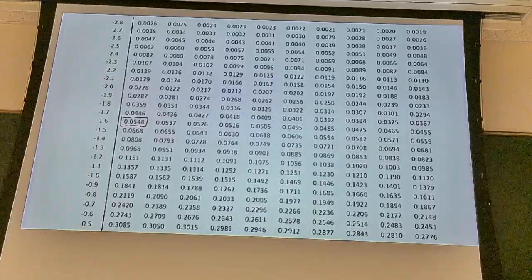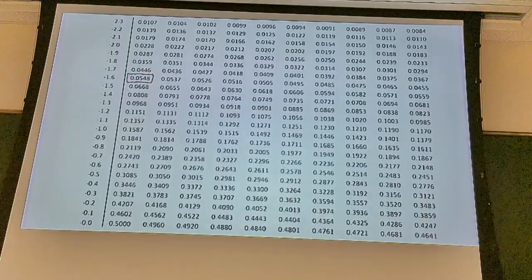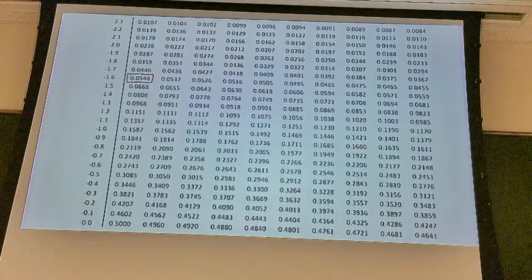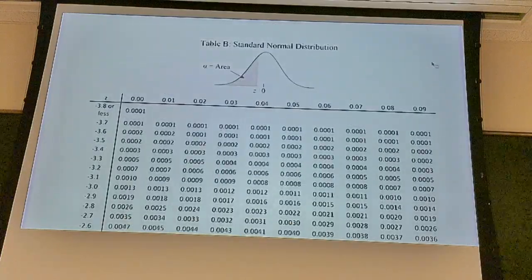So it's negative 0.53. Let's come down, negative 0.5. And why can't you see my cursor? Should have that enabled.